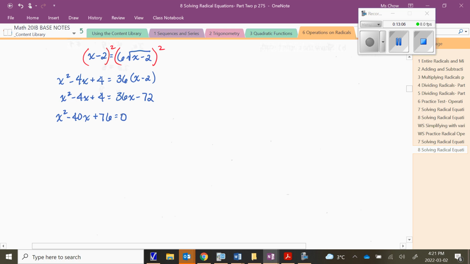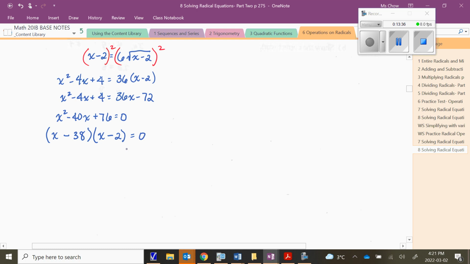And so ideally, we're going to be able to factor this, and given the nature of the question itself, we should be able to factor that, and it works out nicely to x minus 38 and x minus 2 equals 0, because negative 38 times negative 2 is positive 76, and the sum of those is negative 40.